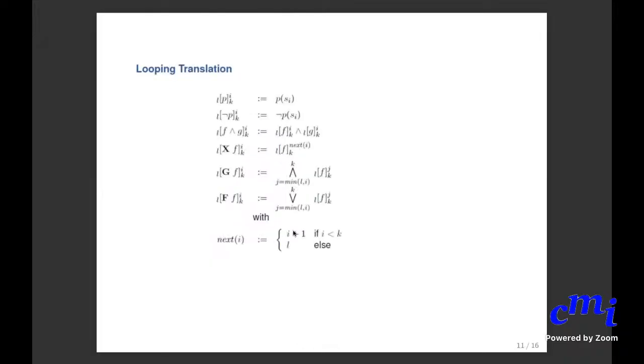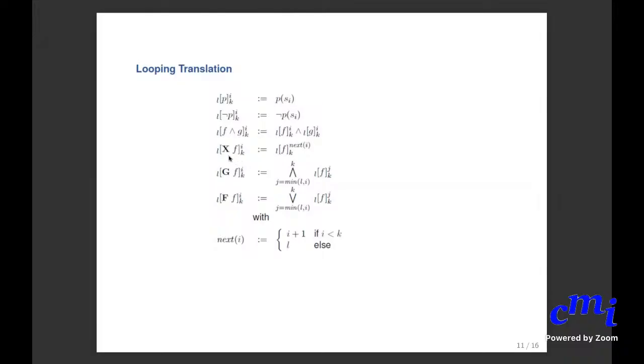This is exactly how you look at the bounded semantics, and you can come up with this translation scheme. Now, the looping translation also follows pretty much the pattern defined by the bounded semantics definition for the looping case. So, all the first three cases remain the same.